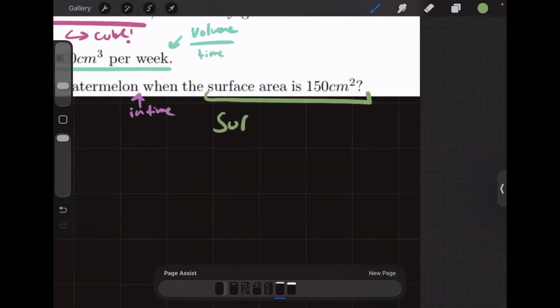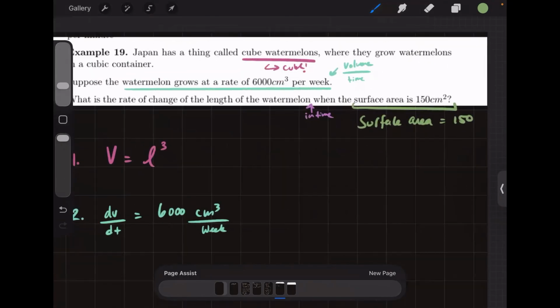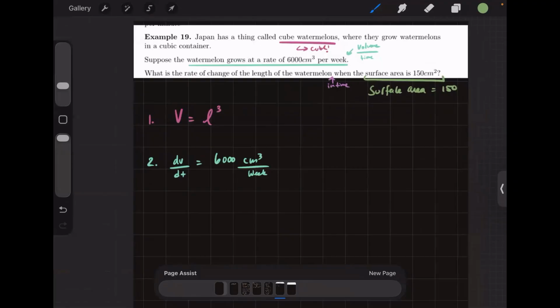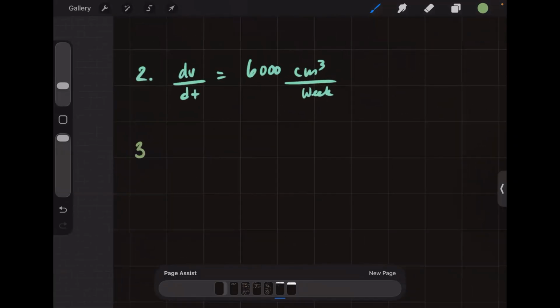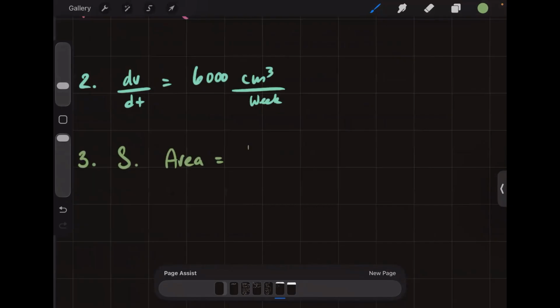Surface area is equal to 150. All right, that means we'll have equation number 3 as the surface area of a cube is 6L squared. If you don't know how I got that, please review your geometry.